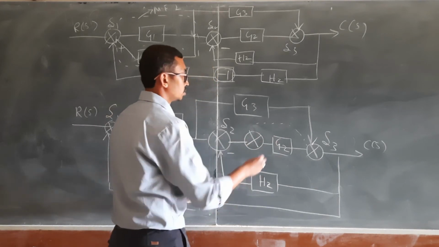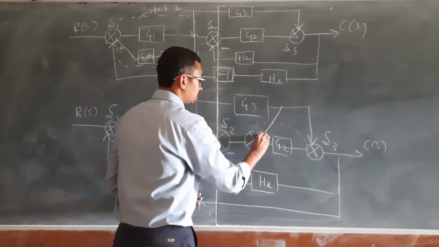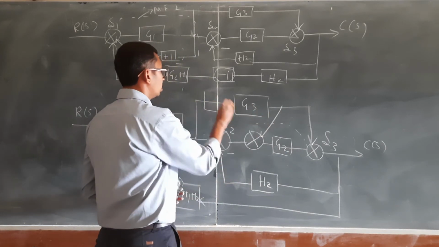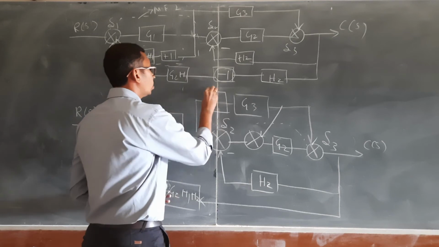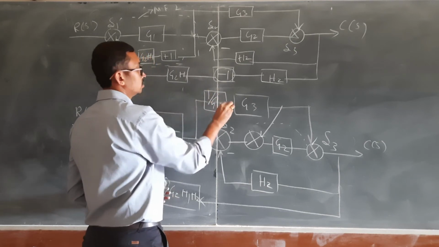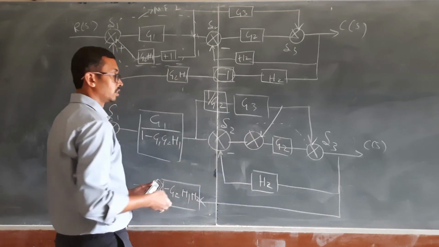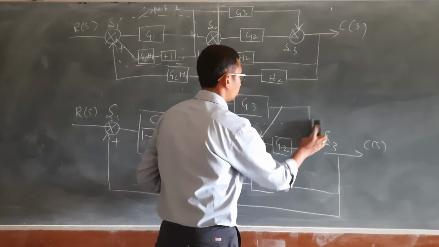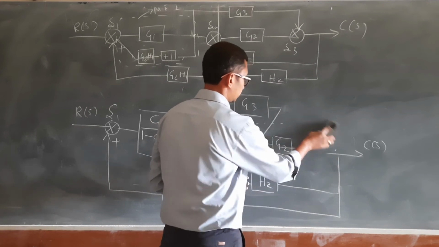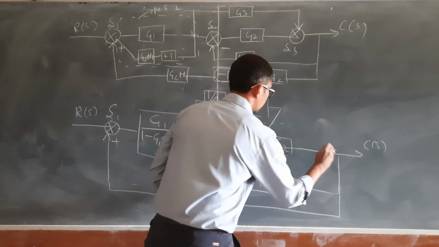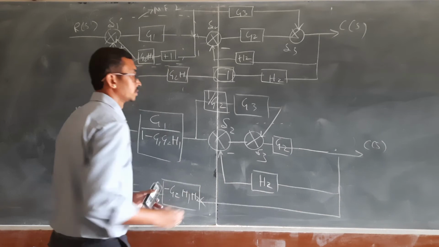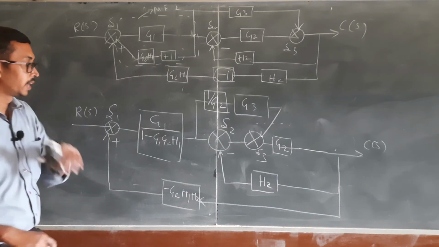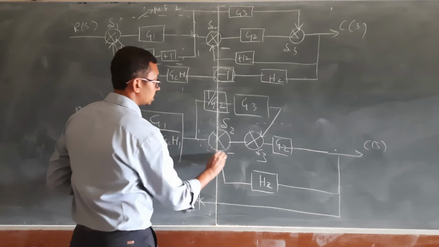Here I need to add a block of 1 by G2, because I am shifting this one. So I am going to eliminate this summing point. Okay, so this is summing point number 3. Next I am going to apply the associative law.